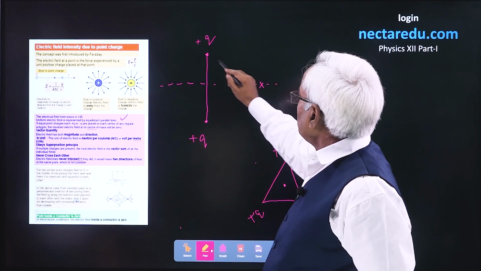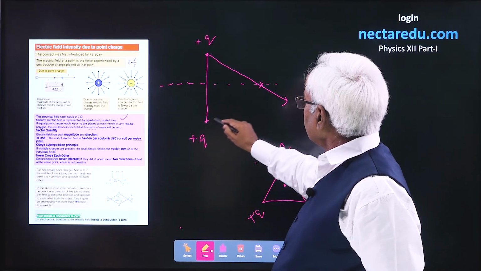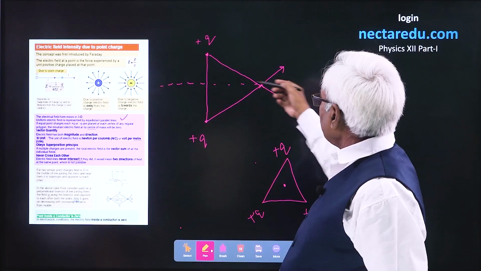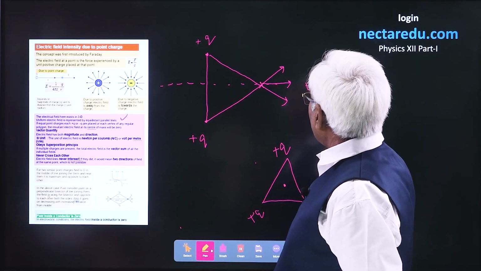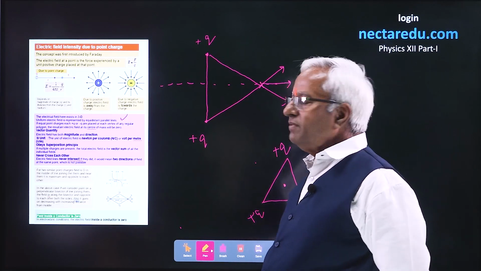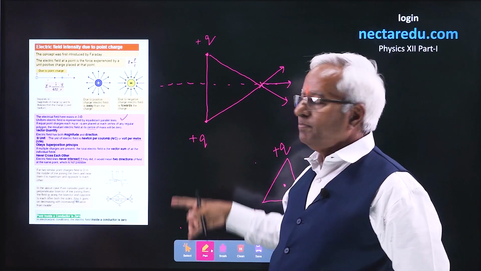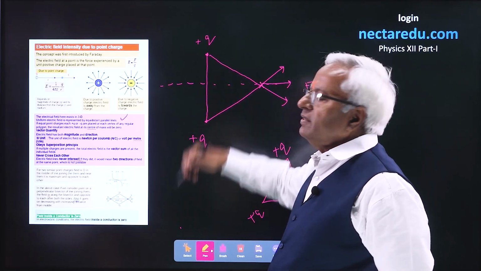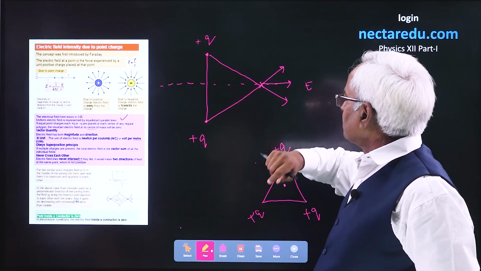Here, the field because of one charge is going to be away from it, similarly that from the other is going to be away from it, then the resultant shall be along the line itself. The resultant field throughout this line on the perpendicular bisector is going to be along the line itself. If the two charges are positive, field would be away from the center. If they are negative, field would be towards the center of this line joining the two charges.